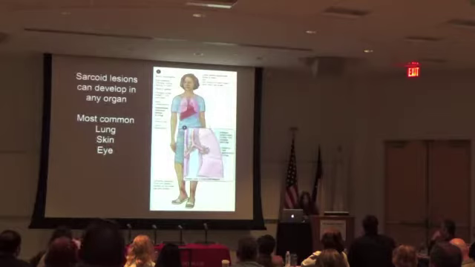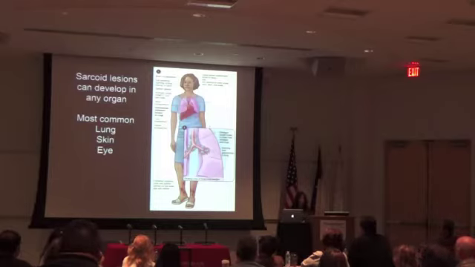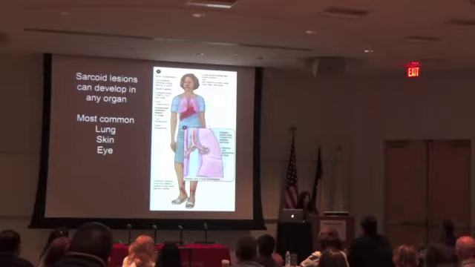So these granulomas are the key to this disease, and these lesions can develop in any organ, most commonly in the lung, in the skin, and in the eye. And you say, well, what do these three organs have in common? Well, they are three organs that interface with the environment.